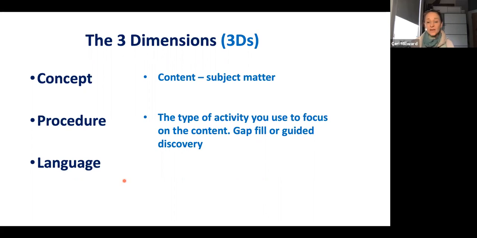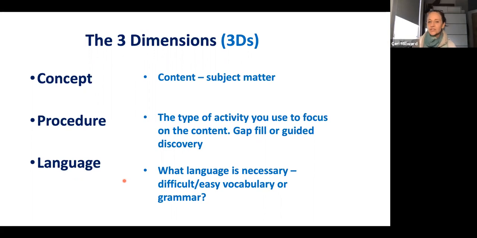So for example, a gap fill or something more challenging like guided discovery where students have to use critical thinking skills. And of course, the language is what language do you need to use in order to teach the content? So is it difficult or easy, vocabulary or grammar? So these are the 3 dimensions.